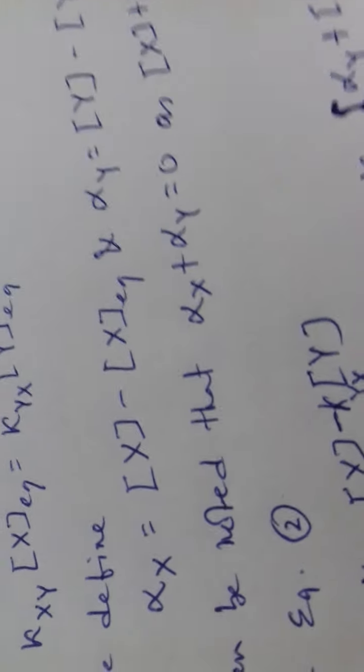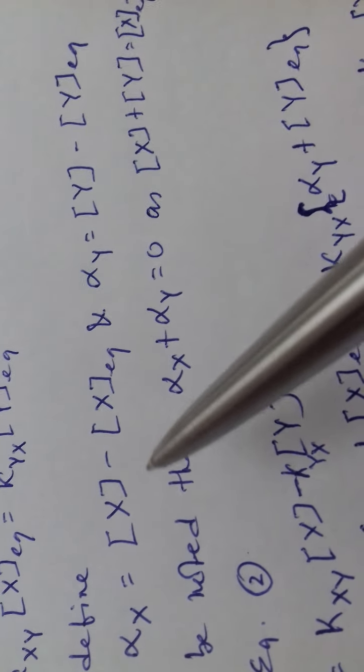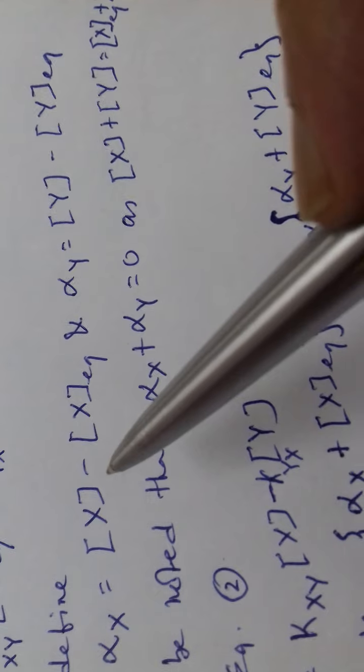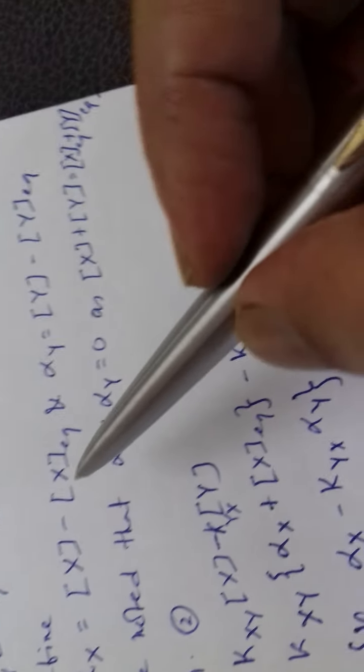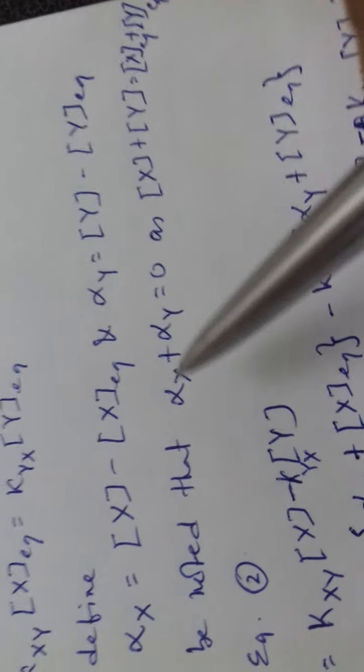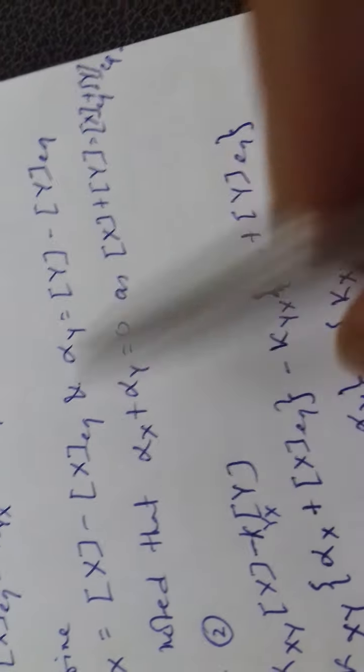So it can be noted that alpha x plus alpha y equals 0. If you add alpha x and alpha y, it should be 0, because the total concentration of x and y at any point must equal the total concentration of x and y at equilibrium, that is xeq plus yeq.